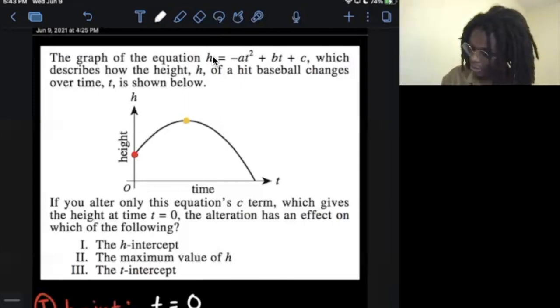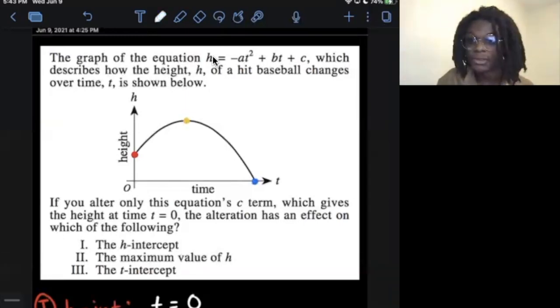And lastly, we have the t-intercept, which is going to be right down here in this blue circle. The t-intercept just tells us where the function h intercepts the t-axis. To find that, all I have to do is figure out at what point h equals 0, and this is also known as finding the roots of h.